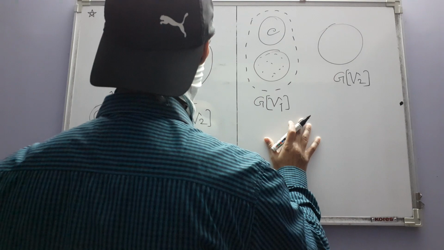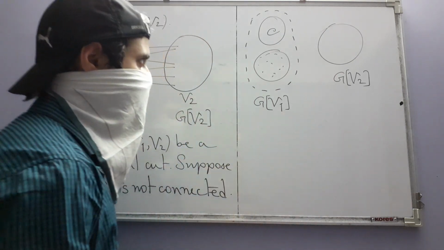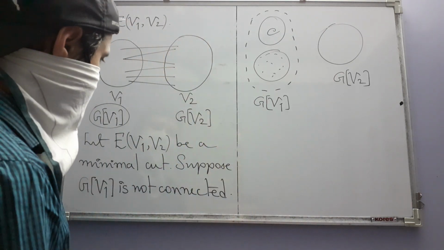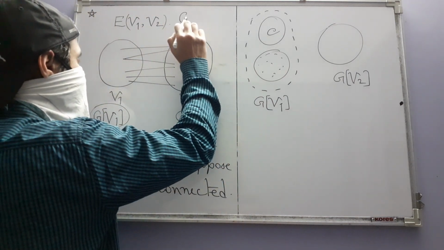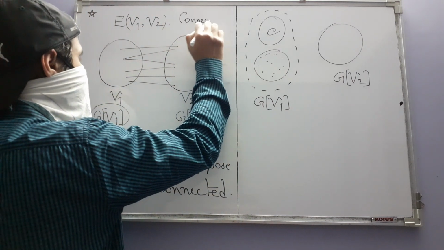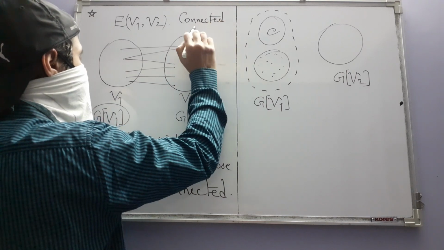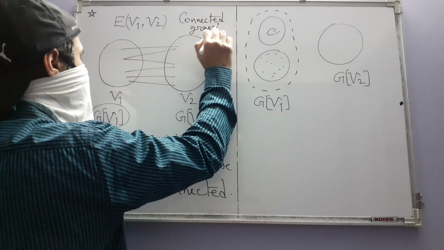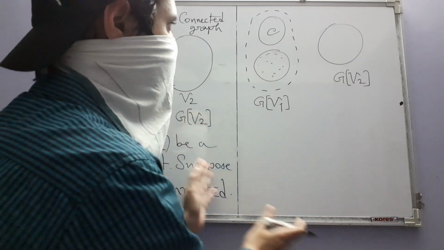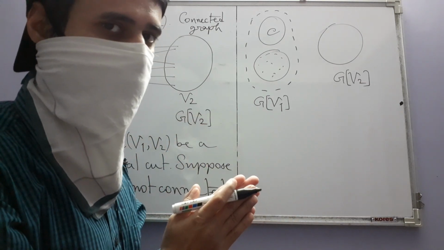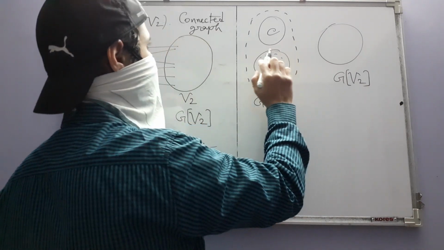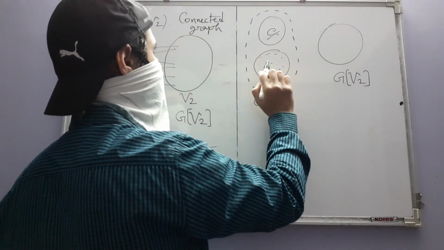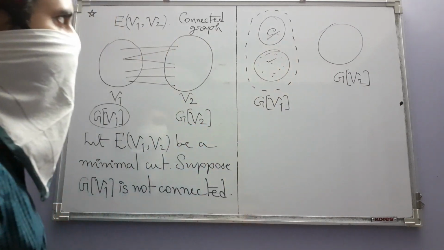Now, keep in mind that this whole thing is happening in a connected graph G, right? And there is no connection between this C and this.